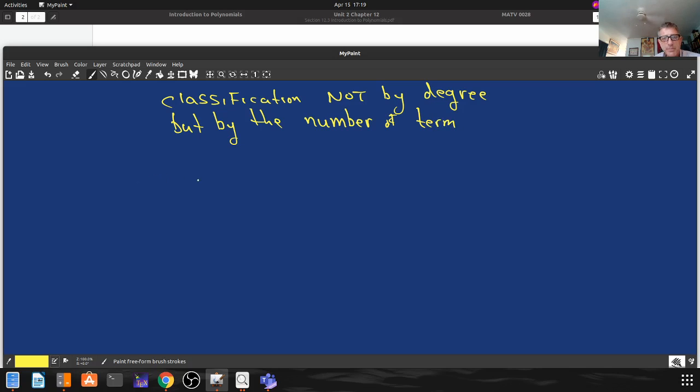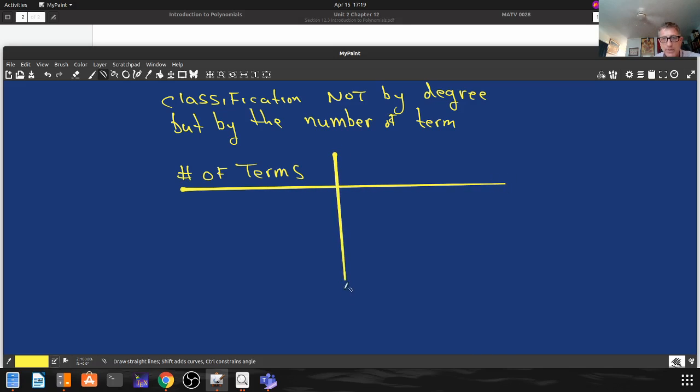I actually find this the least helpful of all classifications. For some reason, books like it.